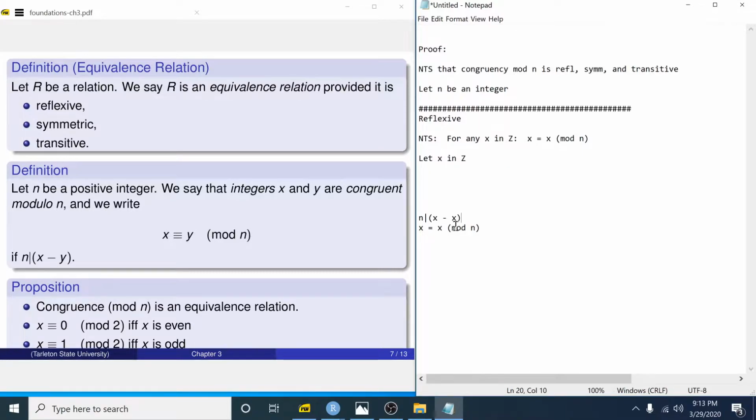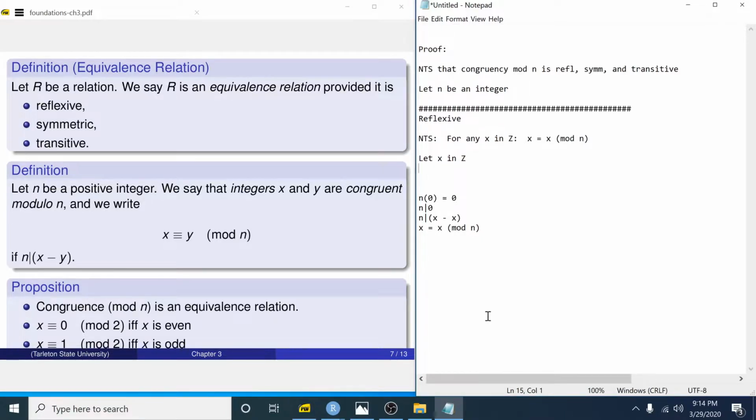So if n divides x minus x, that's what it means for x to be congruent to x mod n. We need this to be true. Maybe we can back up a bit. That's the same thing as saying that n divides 0. Does n actually divide 0? Well, it does, because n times 0 is 0.